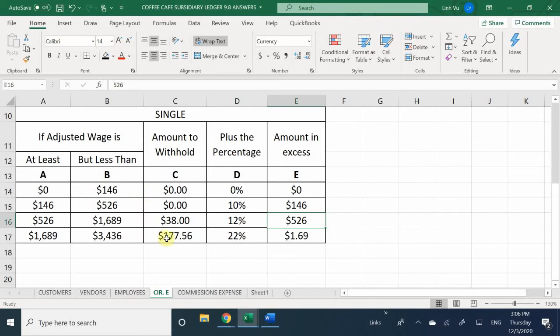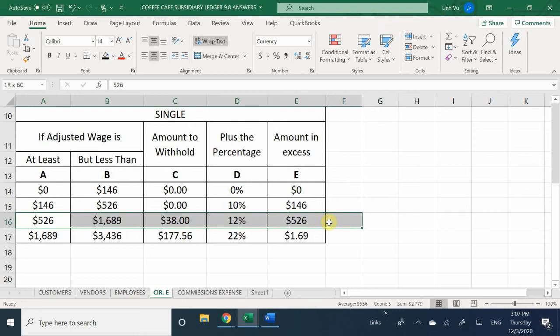So which bracket does she belong to? The 526 to the 1,689. Yes, the third one, this one right here. That means $38 will be taken out of her paycheck automatically.